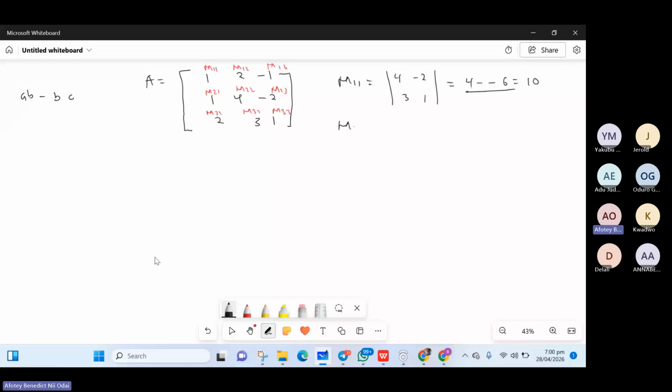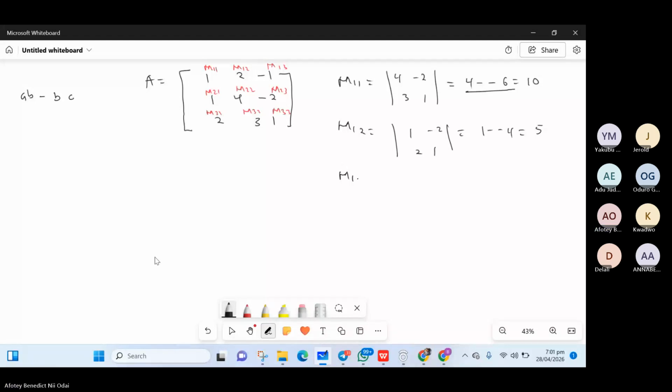So A12, which is now we cross this, we get a matrix 1, -2, 2, and 1. Okay, so this gives us 1 minus 4, and this is equal to 5.